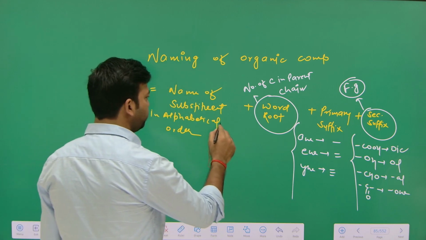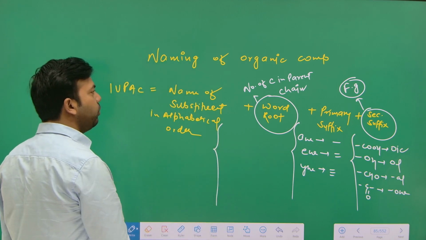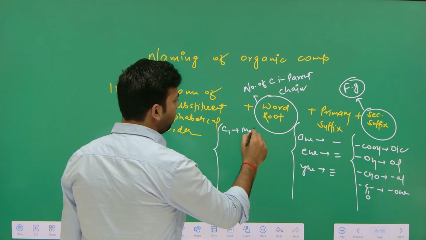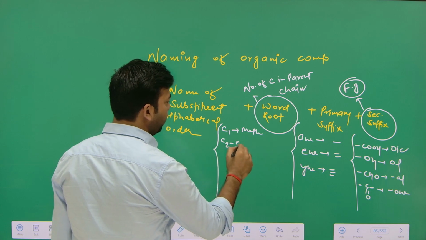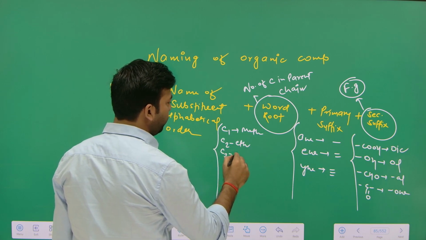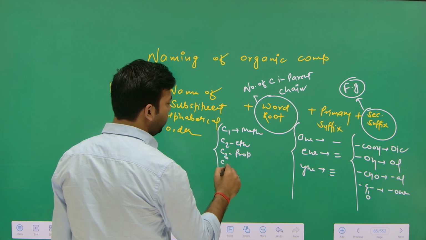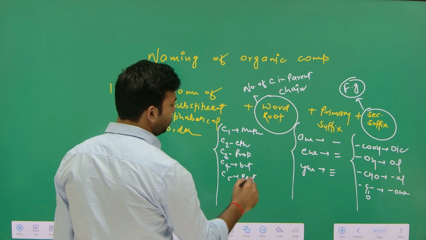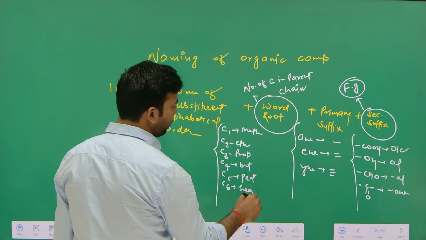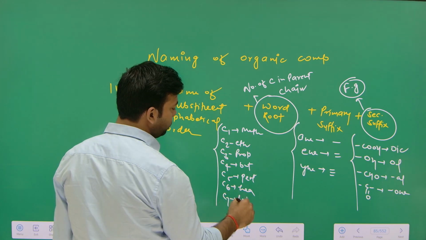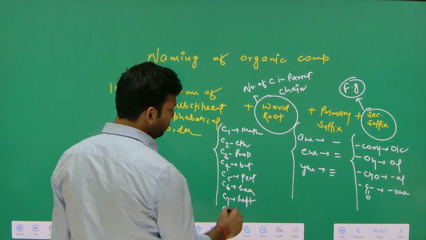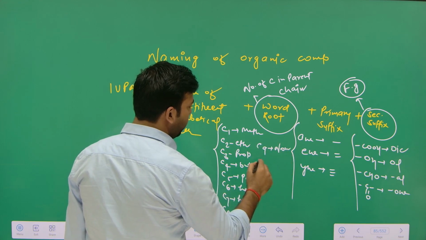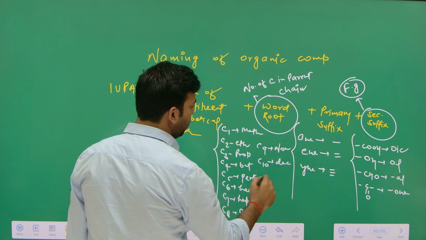What is word root? I said that word root is the number of carbons in a parent chain. Suppose we have just one carbon, then it is called meth. 2 carbon is eth. 3 carbon is prop. 4 carbon is but. 5 is pent. 6 is hex. 7 is hept. 8 is oct. 9 is non, and 10 is called dec. 11 is undec.